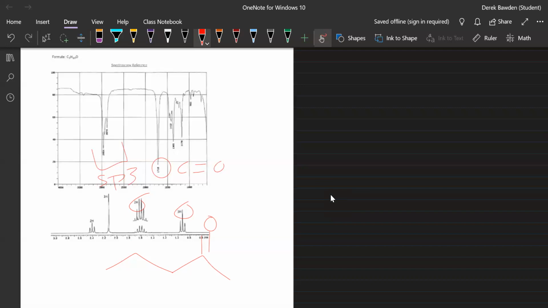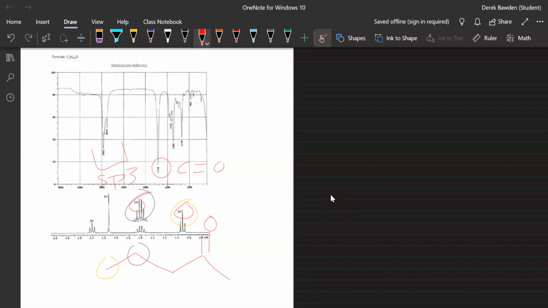Let's make sure our graphs are all fulfilled. We have our C double bond O, and we have our sp3 CHs. We don't have any C double bonds, C triple bonds, anything like that. Okay. Then we've got our ethyl group, and our 2 hydrogens with lots of neighbors.